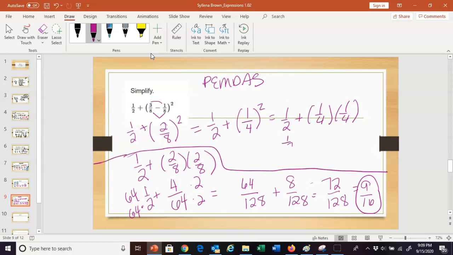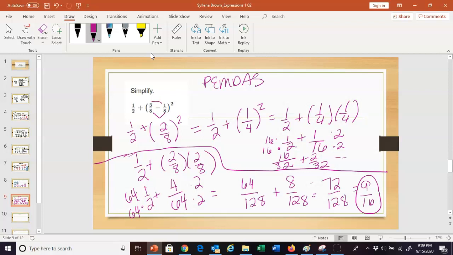So we're here and we have 1/2 plus 1 times 1 is 1. 4 times 4 is 16. So to find our common denominator, we'll multiply this side by 16 and this side by 2. So you get 16 over 32 and 2 over 32. Is that right? Yep.